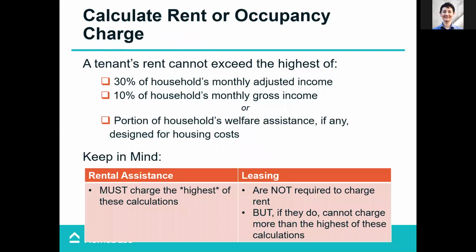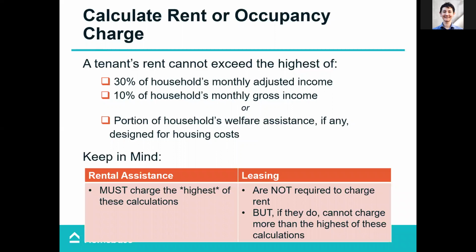So generally, as a general standard, when you hear client portion of rent or how much rent a client should be paying, this is the HUD standard that your mind should go to. A client's or a tenant's rent shouldn't exceed either 30% of what we call their adjusted income or 10% of their gross income, whichever is higher.